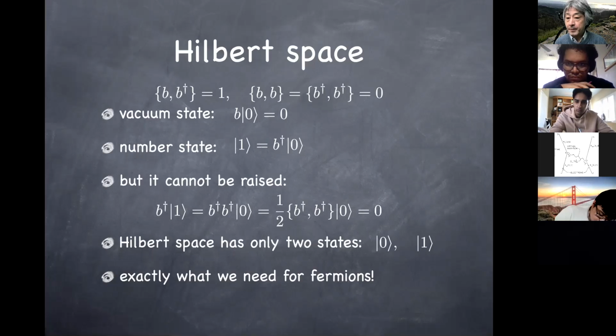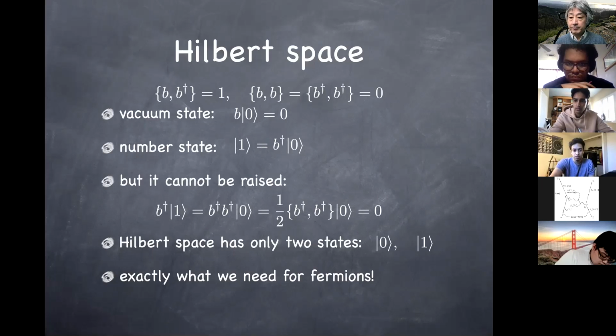Go ahead. Yeah, I have a question. How would we take spin into account? That's a very good question. What you have to do then is to introduce two sets of creation and annihilation operators for the electron, so that you have B and B dagger for the spin down state and B and B dagger for the spin up state.